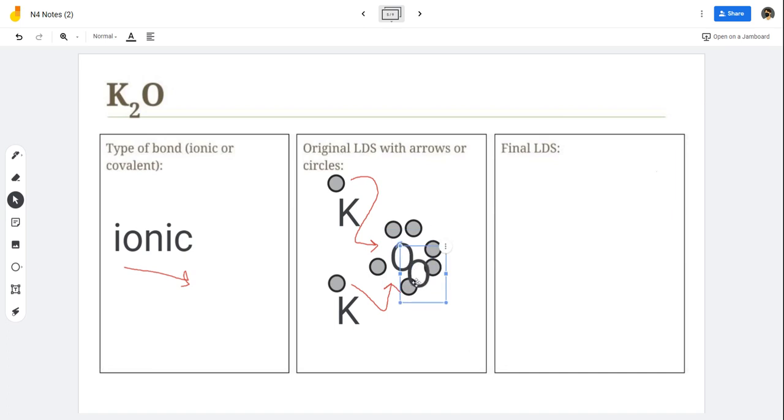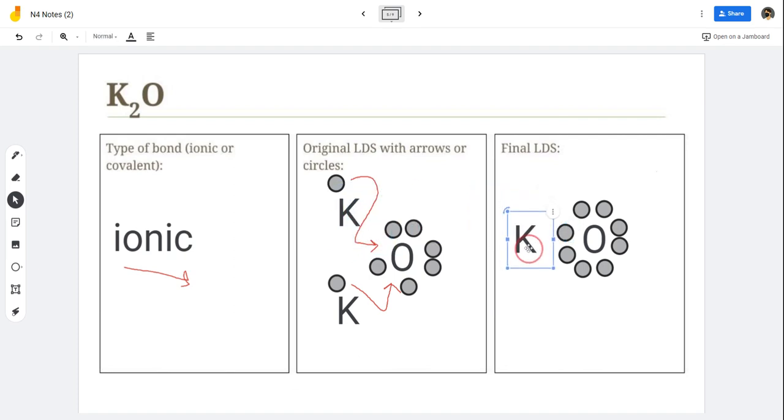And so then what we have is an oxygen atom with 8 total valence electrons. And then 2 potassium atoms with no valence electrons. And so because these electrons moved, we need to show that the charges are now different.